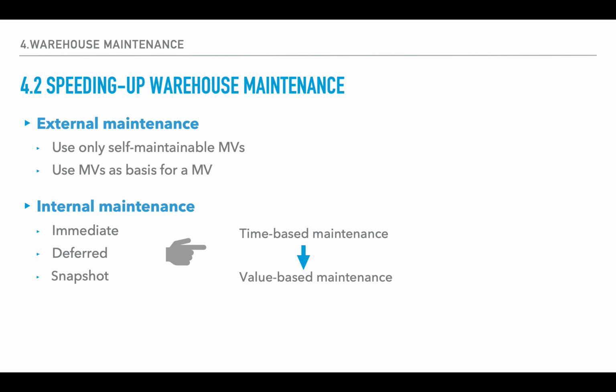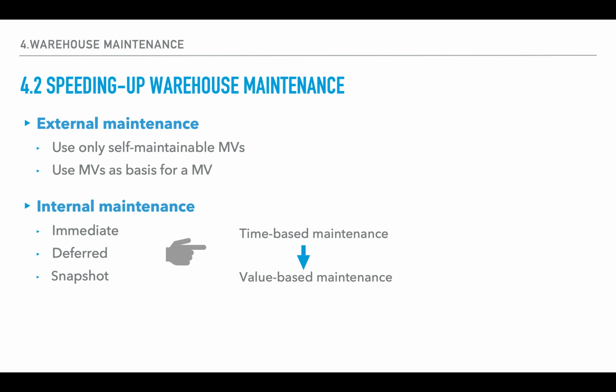To shorten refresh time, deferred and snapshot views can be used. Snapshot maintenance allows fast querying and updates, but queries can read data that is not up to date. Unfortunately, in most papers, snapshots are updated only in a time-based manner, periodically.